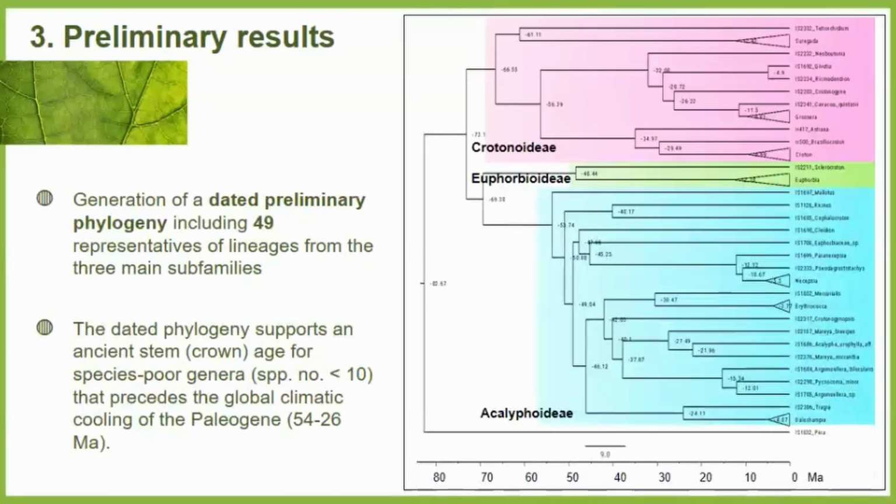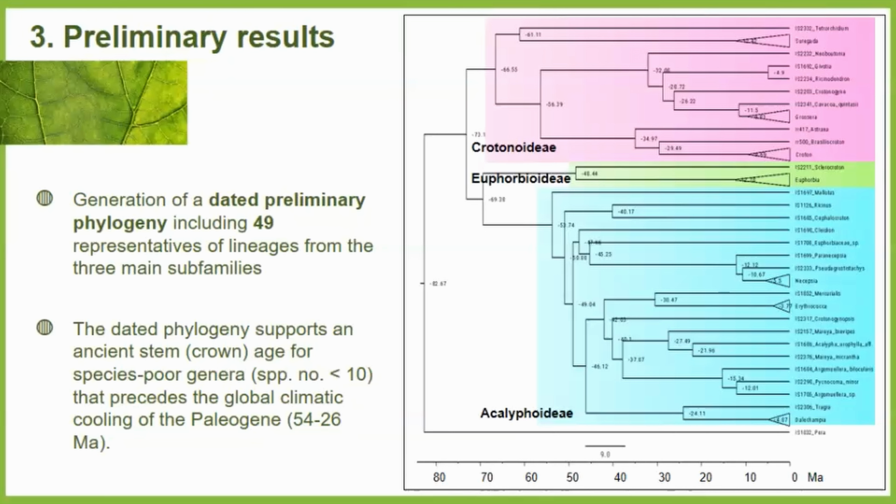On the other hand, we have preliminary results about the macroevolutionary section of the project. This is a preliminary phylogeny including 49 representatives of all the lineages that we wanted to target. And you can see that we have represented the three subfamilies of the Euphorbiaceae.